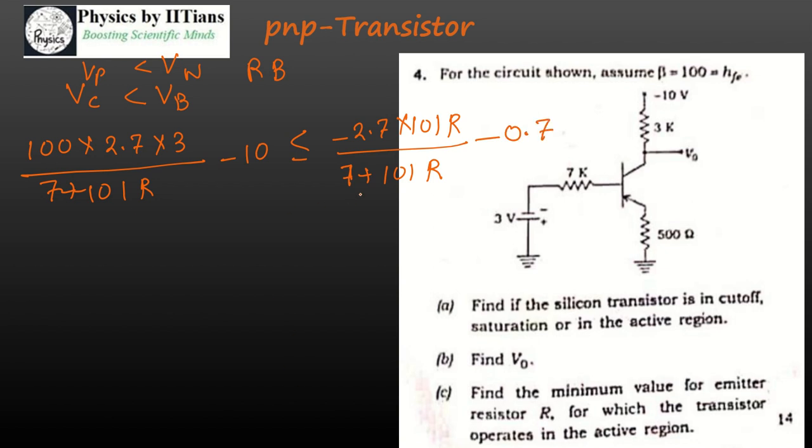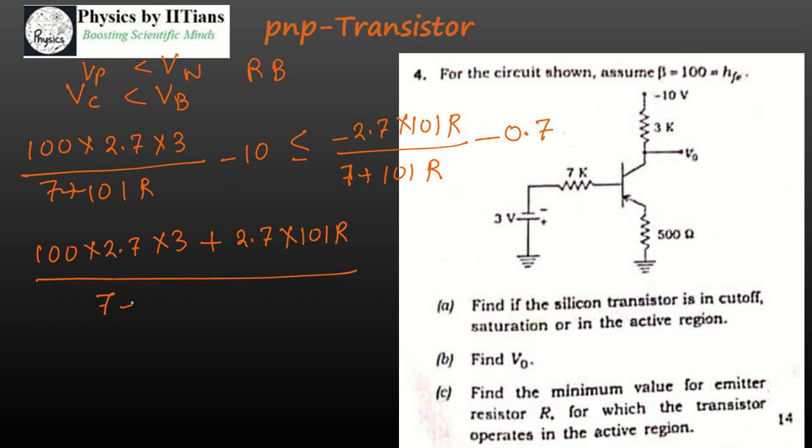Now we can rearrange these terms. We can see that the denominator is common in both the equations, and then 10 can be taken to the other side, and we can rewrite this equation carefully. So we will get 100 into 2.7 into 3 as the numerator, plus 2.7 times 101 R, over the common denominator, so I am just taking the LCM and adding them up, and that should be less than or equal to, this 10 will go to the other side and it will be subtracted from 0.7, you will get 9.3.